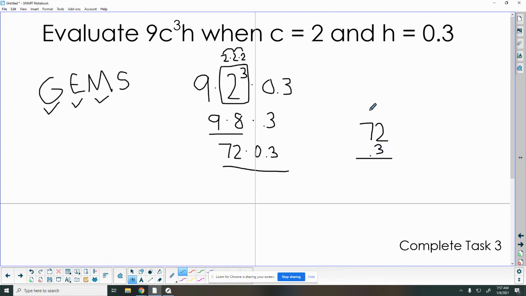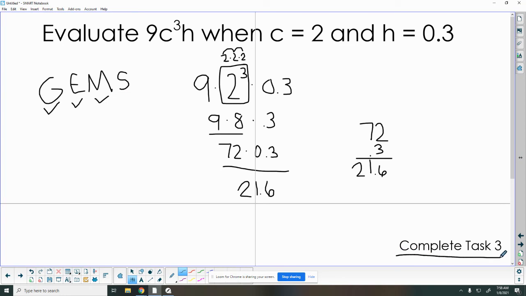So 3 times 2 is 6. 3 times 7 is 21 with 1 decimal place. So this value is 21.6. So please follow your GEMS.